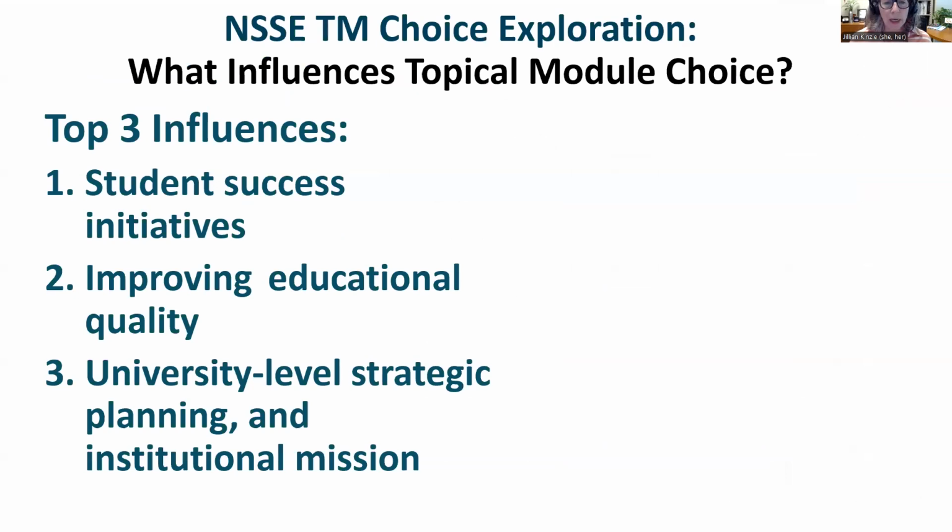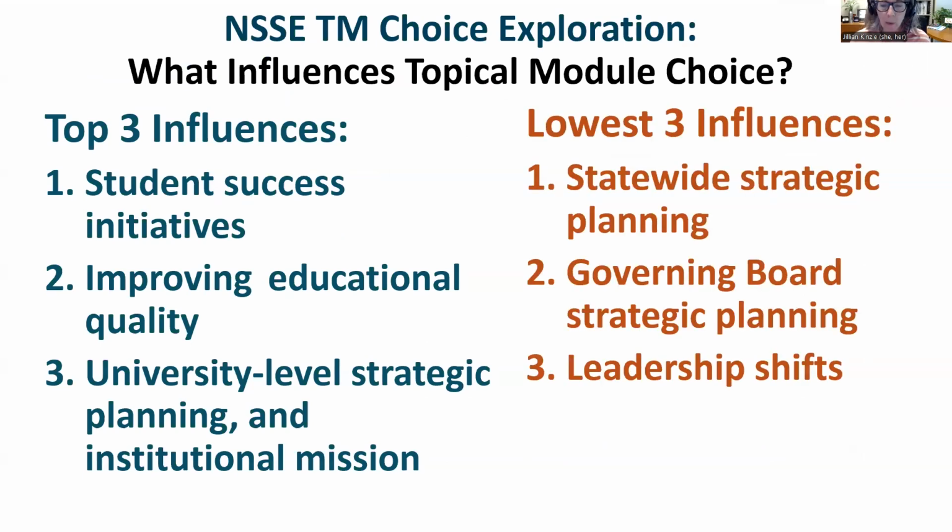Now, just to recap some of the top 3 influences: student success initiatives, number 1; improving educational quality, another strong influence; and then university level strategic planning and institutional mission. The lowest influences were statewide strategic planning efforts, governing boards and strategic planning efforts associated with governing boards, and leadership shifts.